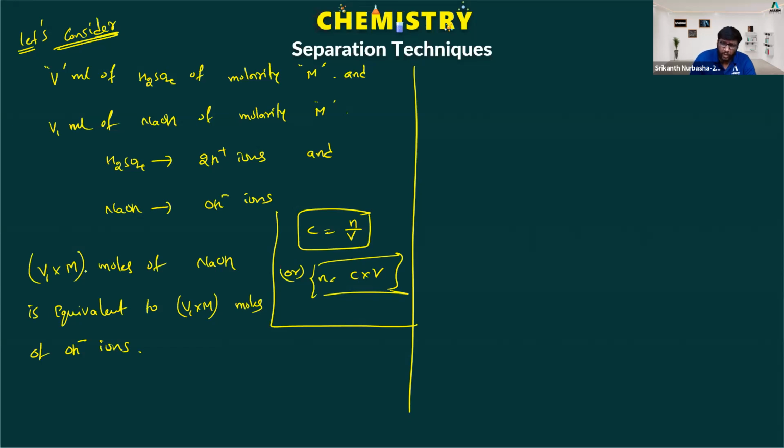V1 into M millimoles, because if you have taken volume in ml, you can say millimoles. V1 into M millimoles of NaOH is equivalent to V1 into M millimoles of OH minus ions.